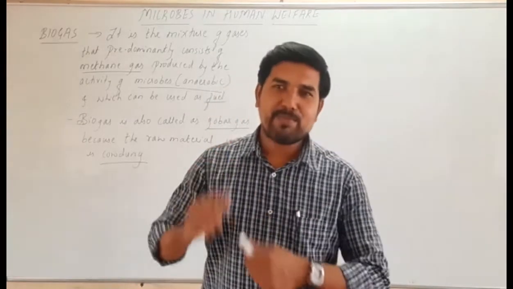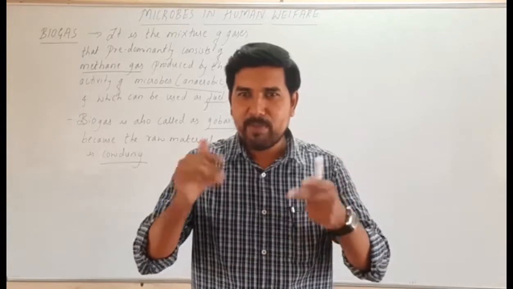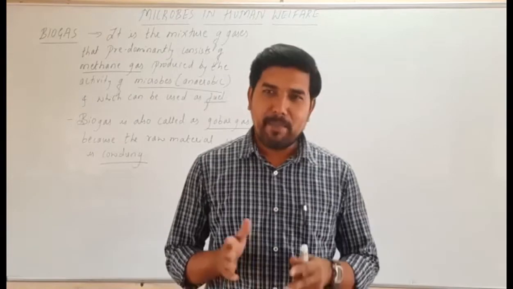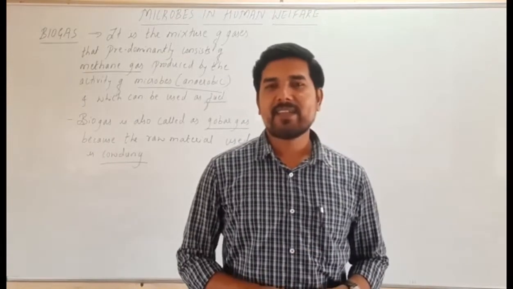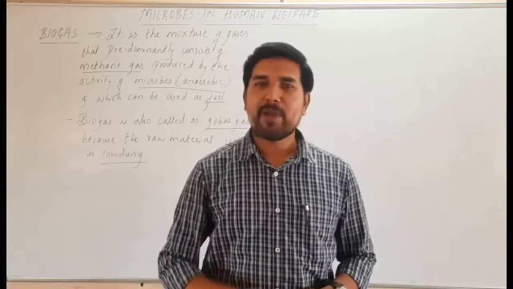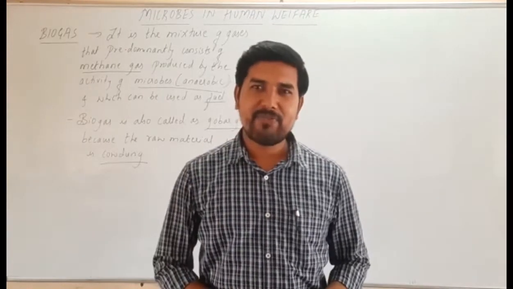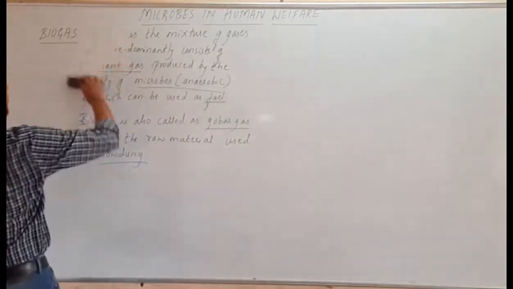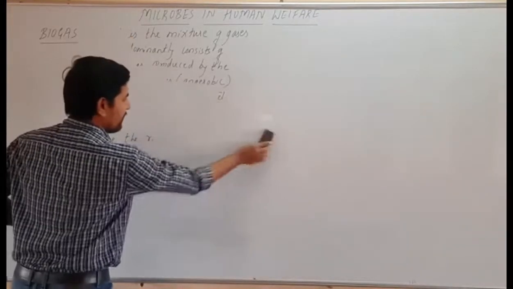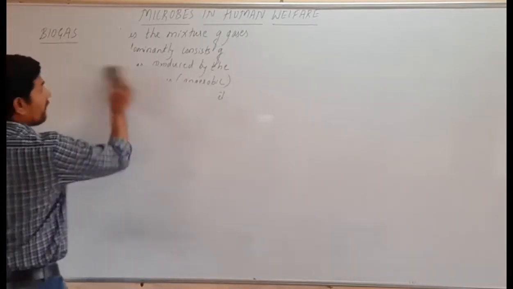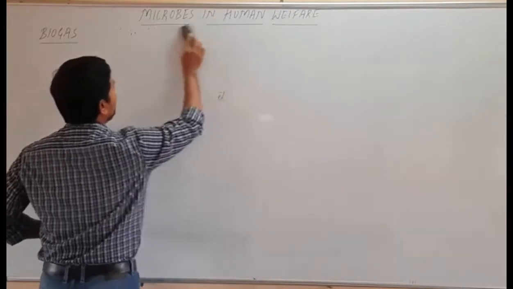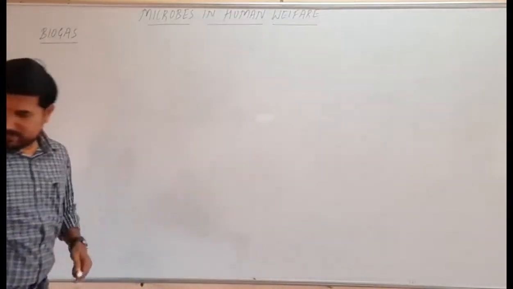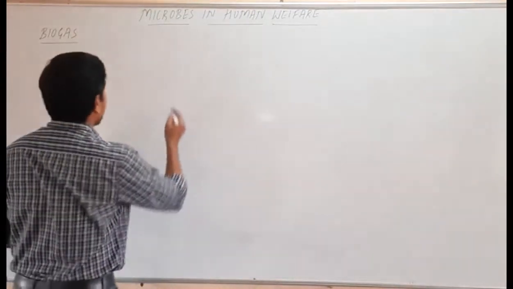Now, as far as this biogas is concerned, we have an experimental setup for this, because the biogas plants are mainly produced in rural areas. So how are they produced? We have a typical biogas plant, and let's study this with a diagrammatic representation. Now in a typical biogas plant, we have an inlet, we have an outlet, a major digester.